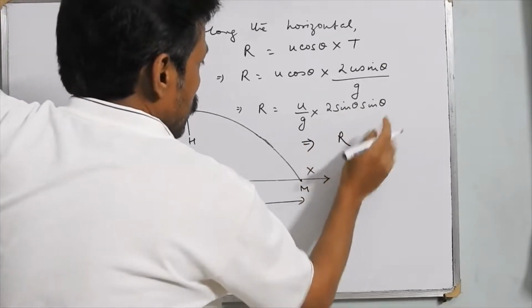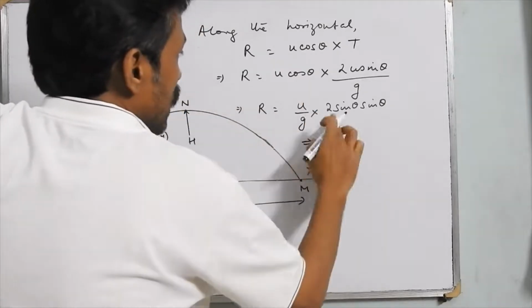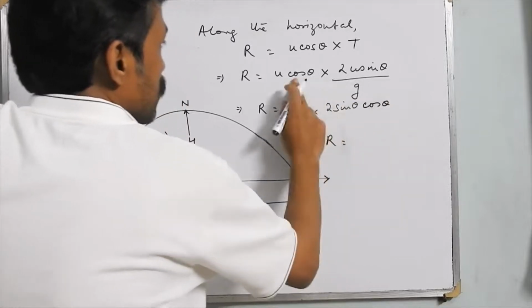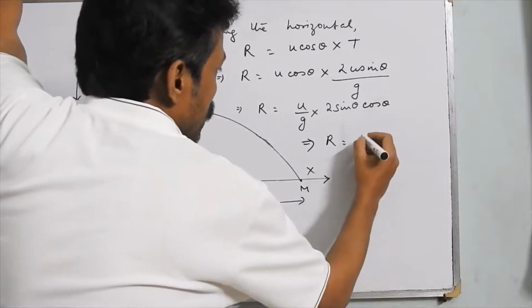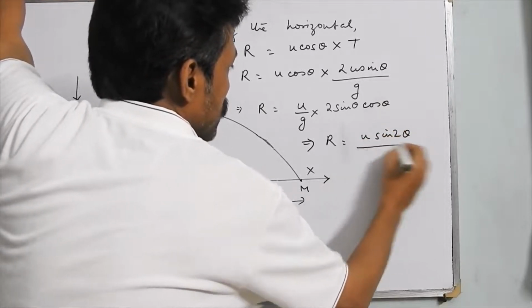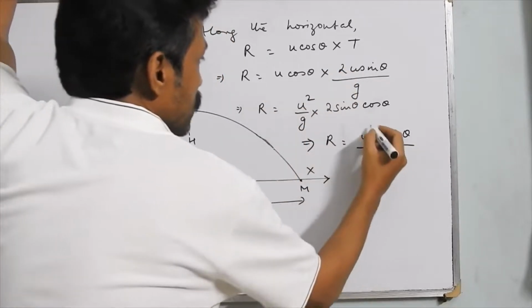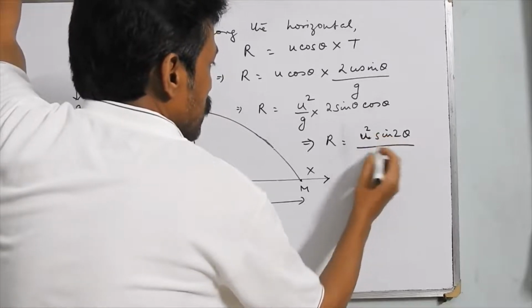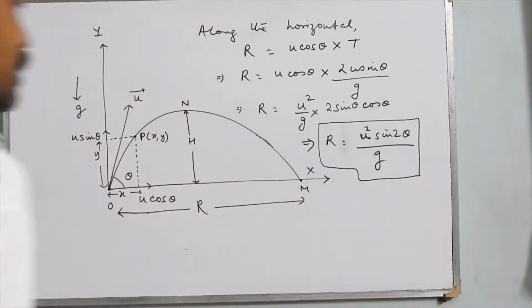So we get r equal to u square sin 2 theta by g. That is the formula for the horizontal range.